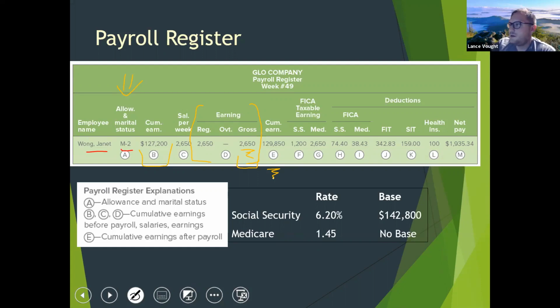And then the next box is saying what amount of her salary or her gross pay is taxable by law for FICA.